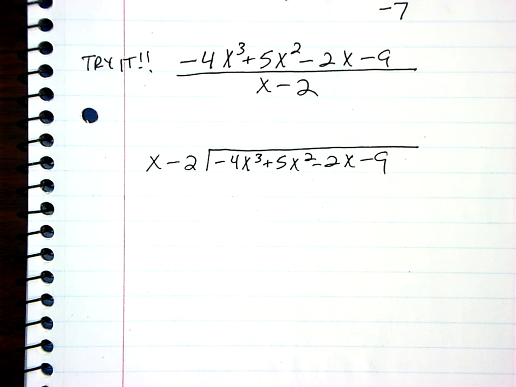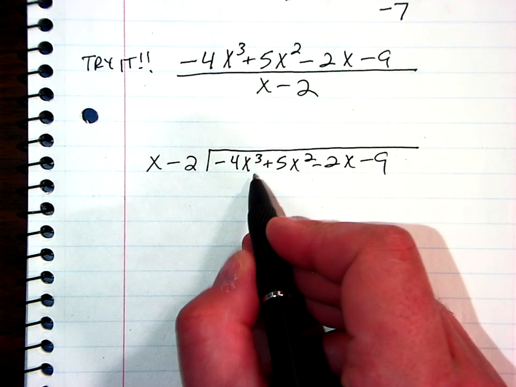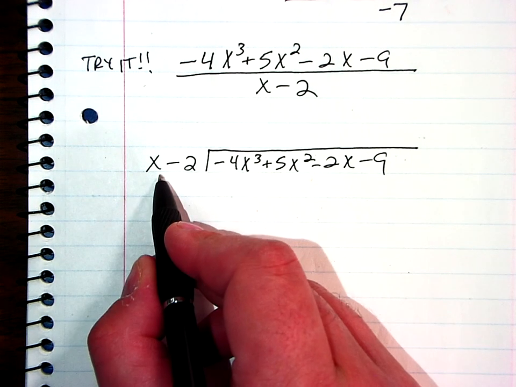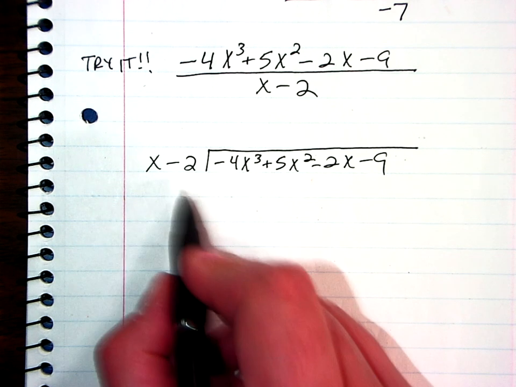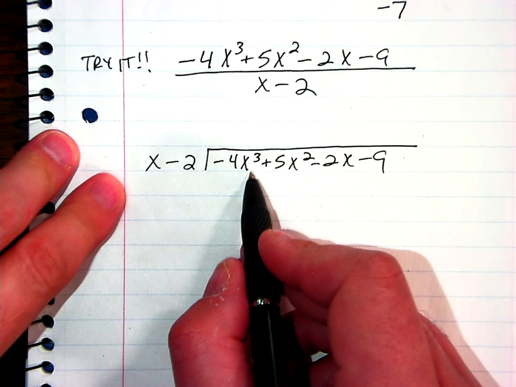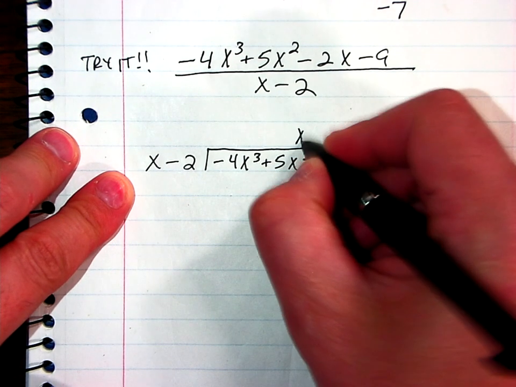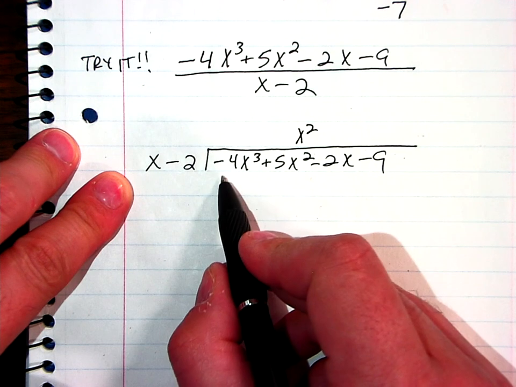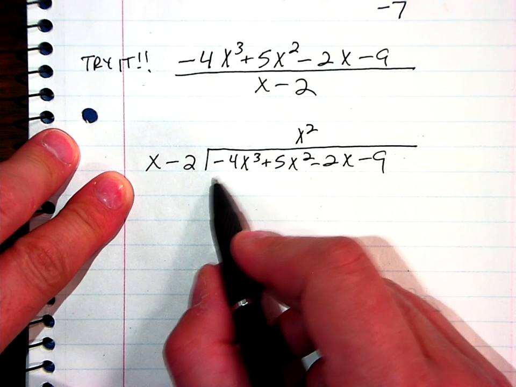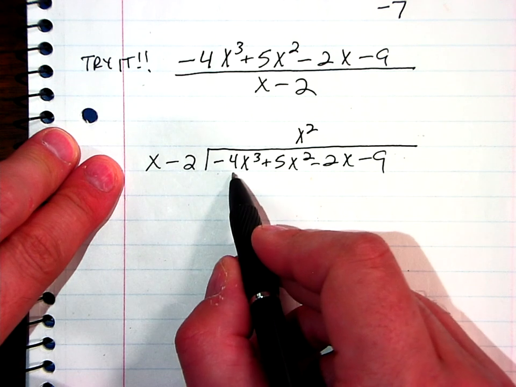All right, Jonna. We want to get rid of a negative 4x cubed, correct? So, Jonna, what do I need to multiply x by to get to negative 4x cubed? X squared is correct, but what about the number in front of it? What do I need to multiply this by to get to negative 4?